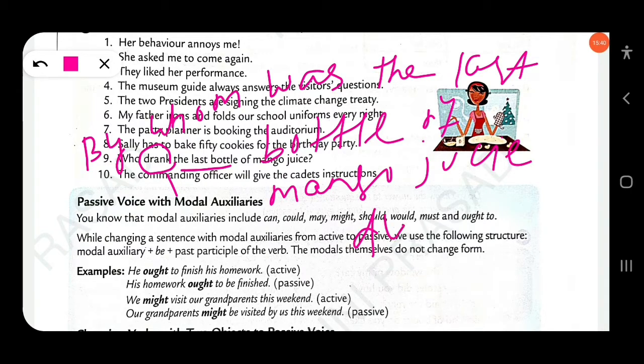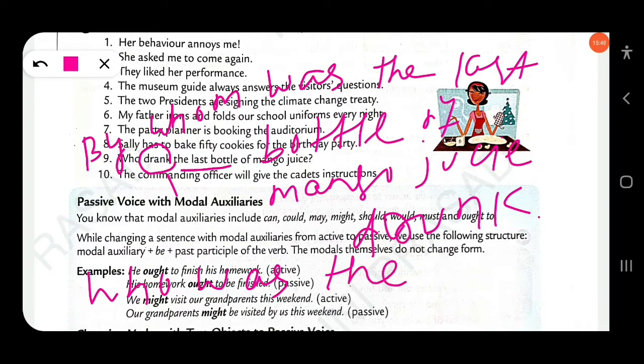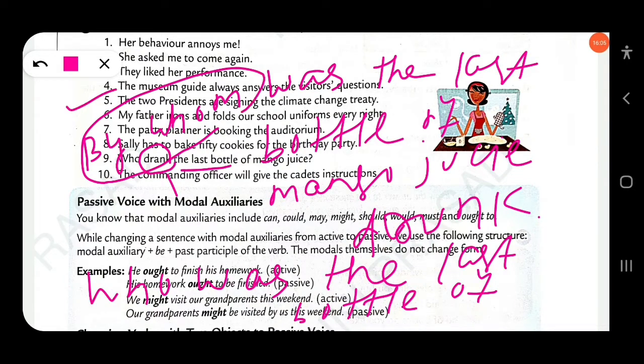Or you can also write: who was the last bottle of mango juice drunk by. Drunk by. So you can represent it in two ways. You can add by at the beginning, and then you have to use whom. If you want to write by at the end of the sentence, then you have to write who.